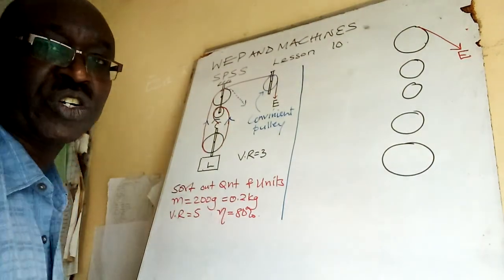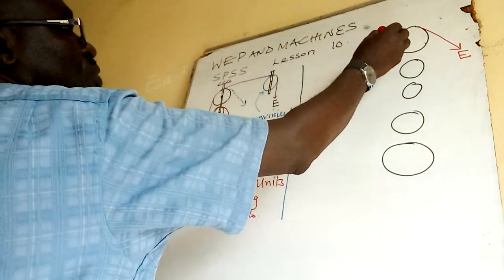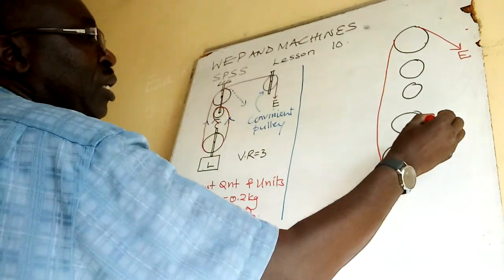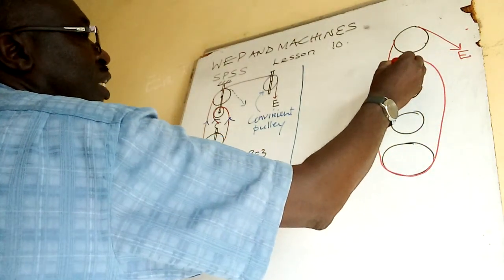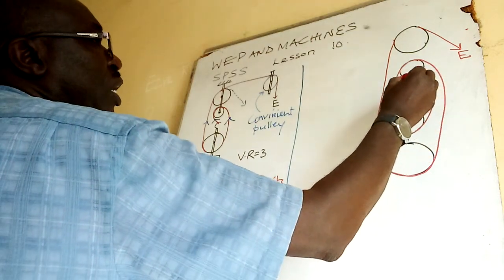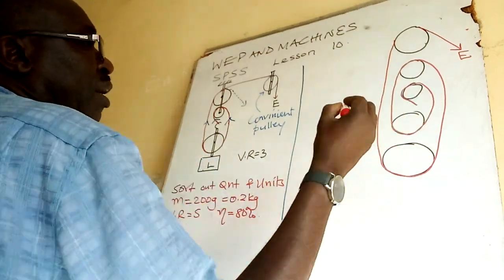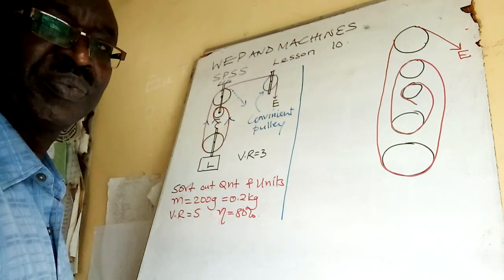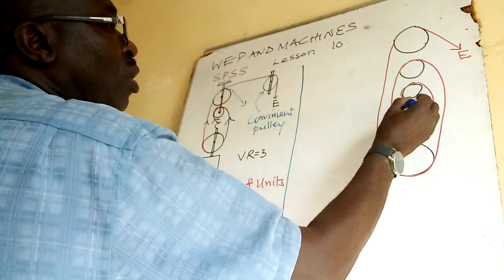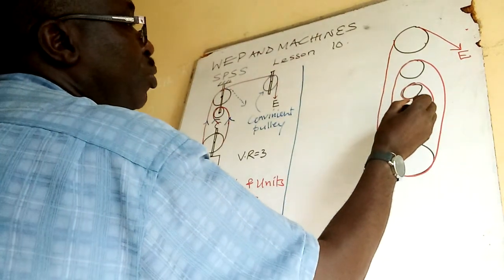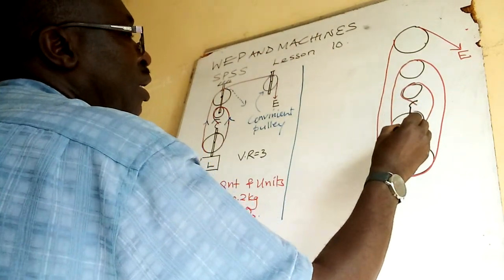This is the effort. Then it has to come down, go around the lower pulley, then go to the second, keep on moving until there. Once you've reached there, then it is hooked by the lower pulley. So I want to hook it. I put my hook there, come that way.